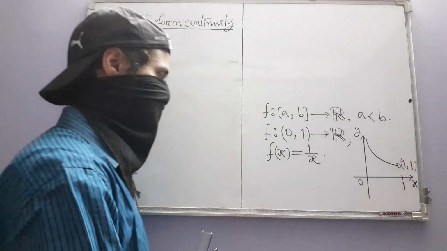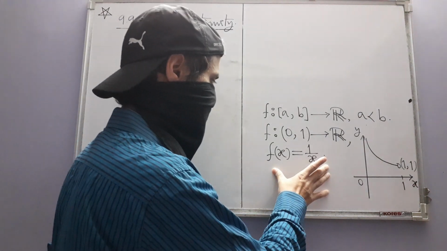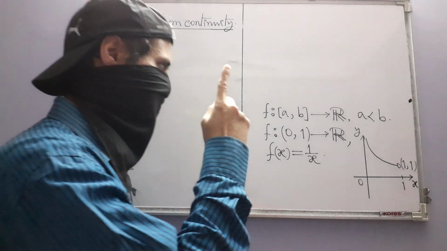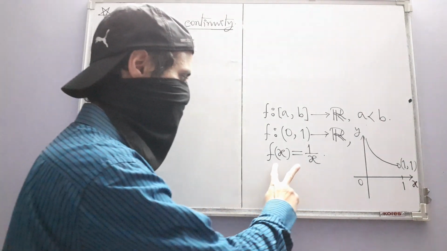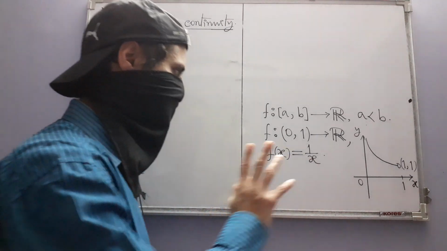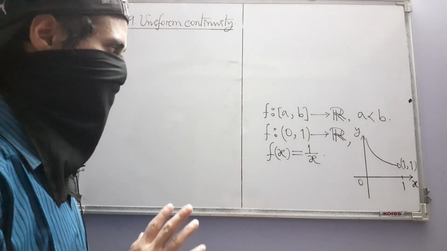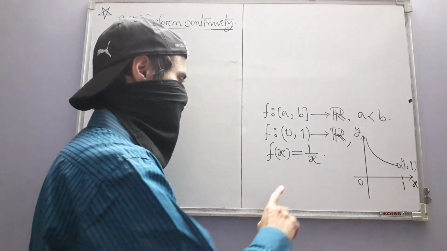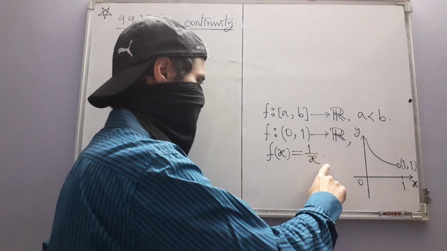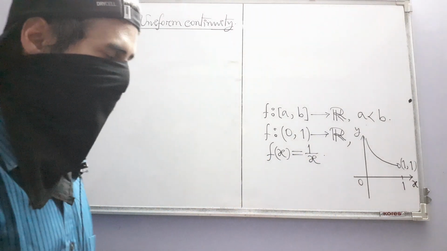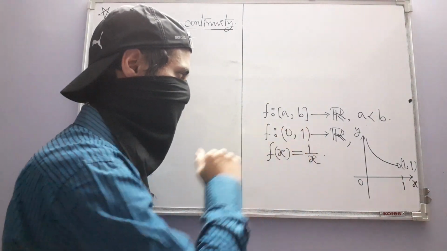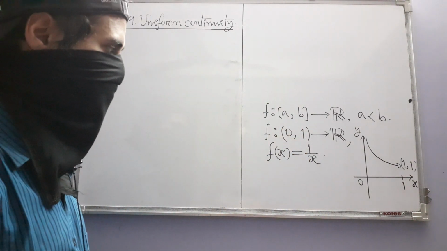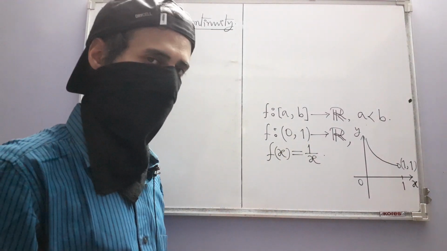Okay, how are we concluding that this function is continuous? If you go back to the previous sections, in one of them we had the algebra of continuous functions. There we proved that if we take the quotient of two continuous functions and the denominator does not vanish at any point in the common domain, then the quotient is continuous.